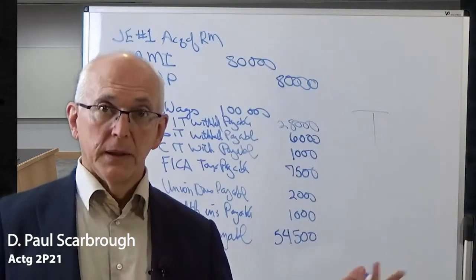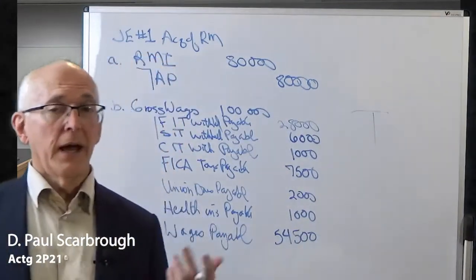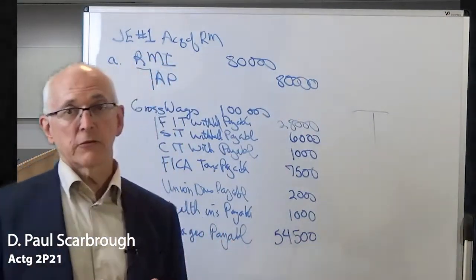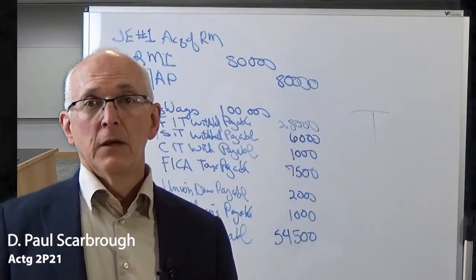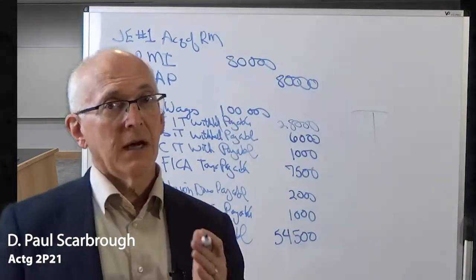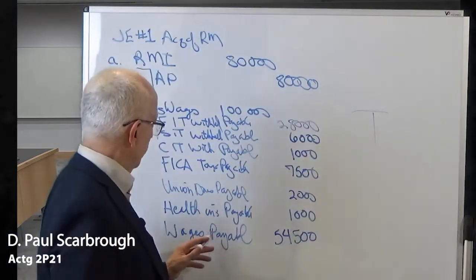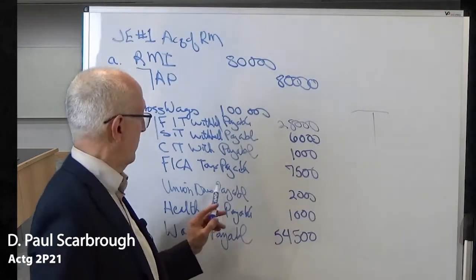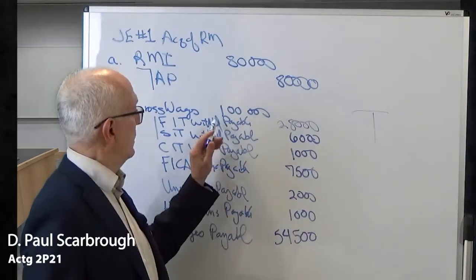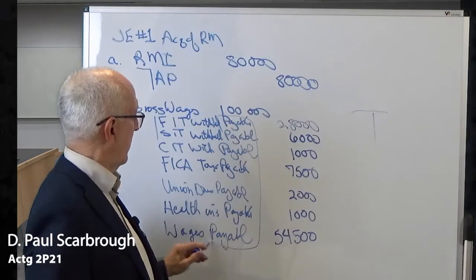There will be places in a company, not in the factory, but outside of the factory, where it could be something else completely different. So federal income taxes is not sufficient. That's a little bit more clear when you come down to health insurance payable, union dues payable. You need to specifically identify all these payables.